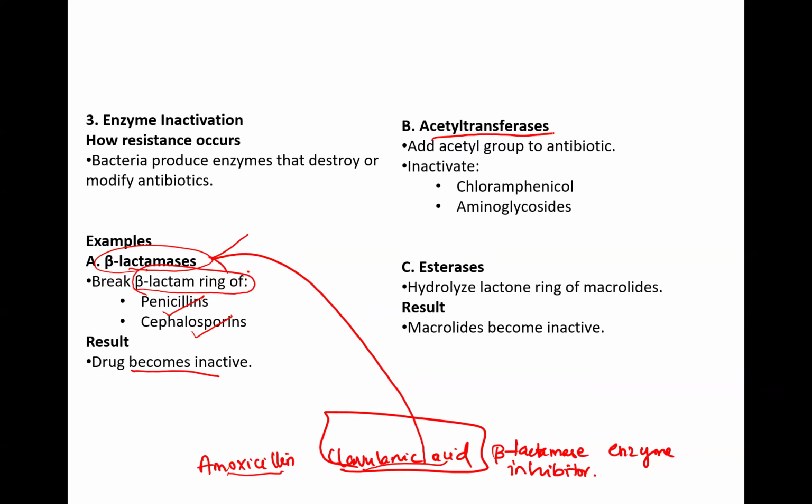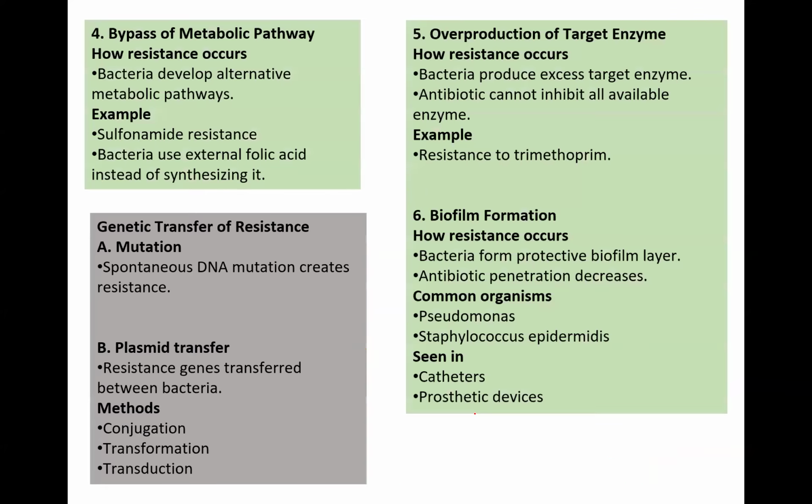All these beta-lactamase inhibitors are there. They all help. Next, another mechanism of resistance is bypassing the metabolic pathway. That means the bacteria develops an alternative metabolic pathway such that the sulfonamide or a particular antibiotic is not going to affect it. Example, sulfonamide resistance.